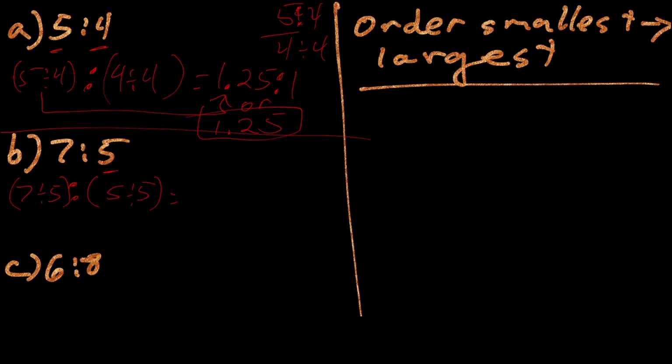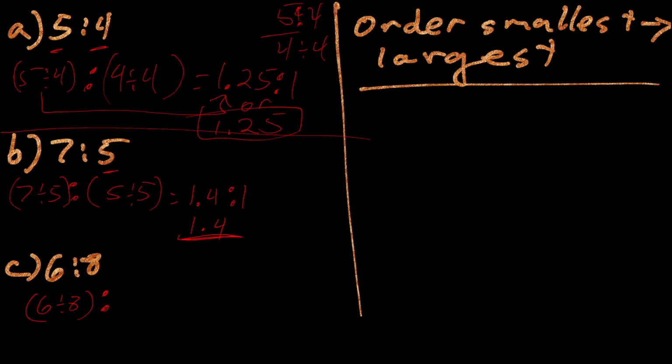So 7 divided by 5 is equal to 1.4, and that's to 1. And now we can just write this as 1.4. That's the ratio. All right, so this is, again, 6 divided by 8.